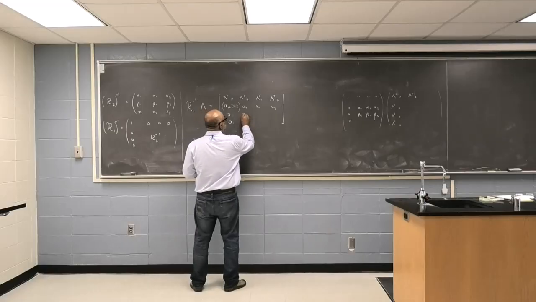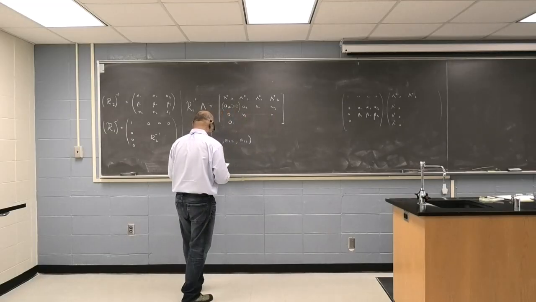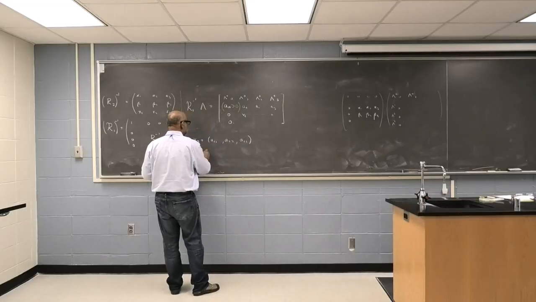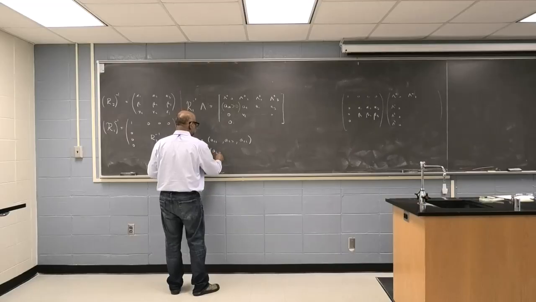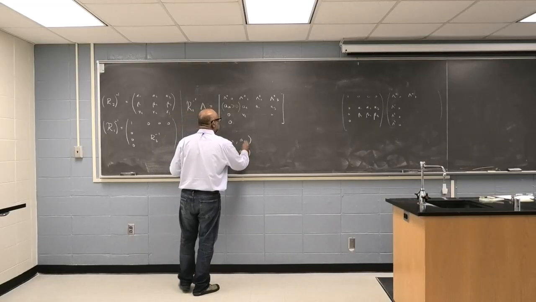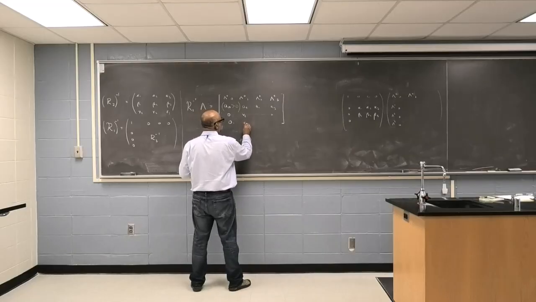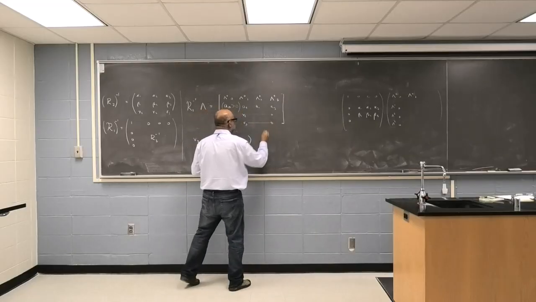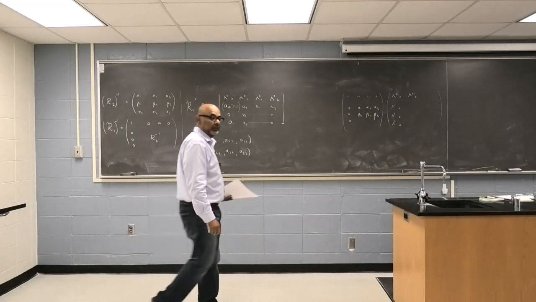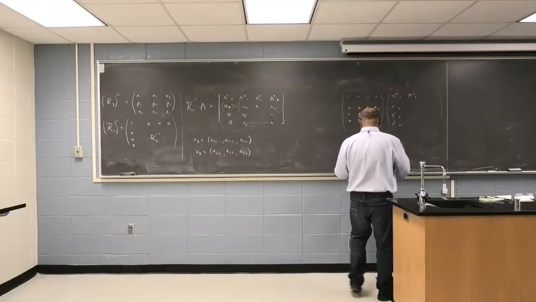That means this guy I pick to be V2. And V3, what do? This row, I call it V3. Notice, I picked V2 and V3, I haven't defined what V1 is.